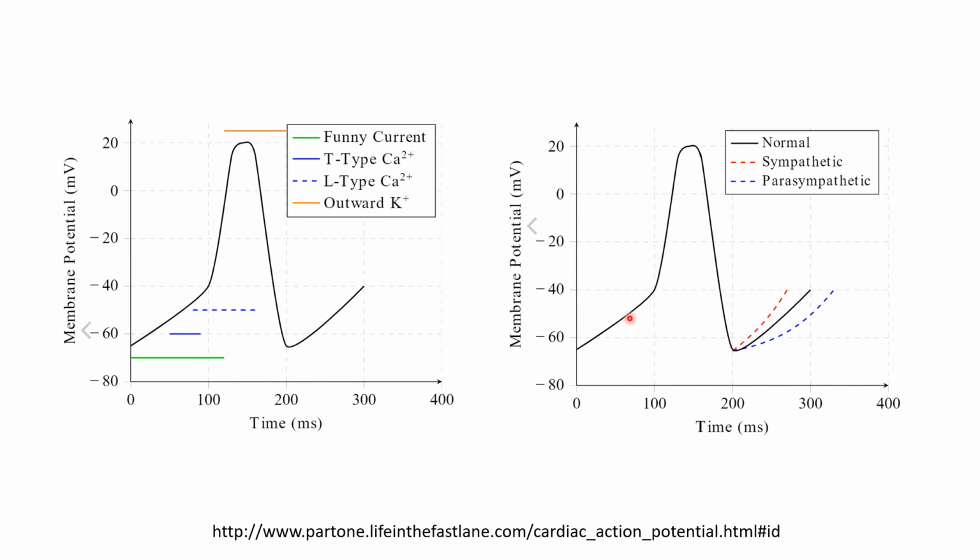And on this side here, same exact graph, except we can see the sympathetic system is going to reduce our time for reaching pacemaker potential, and parasympathetic is going to lengthen the time it takes to complete that pacemaker potential. And that's how the autonomic nervous system influences our heart rate.